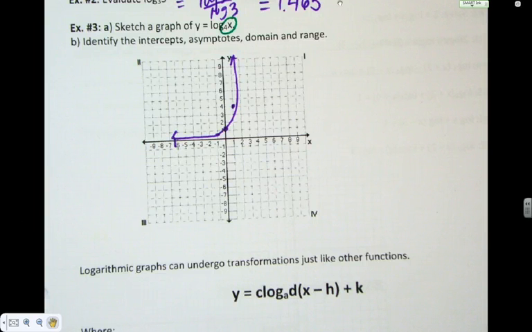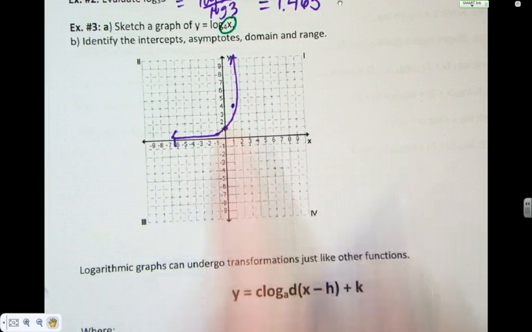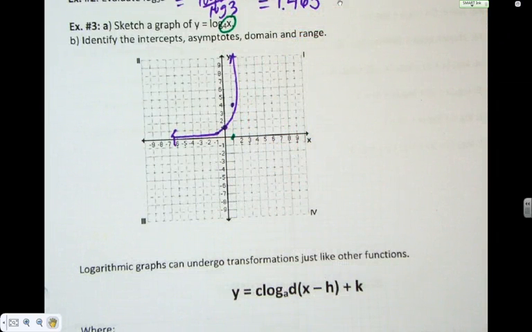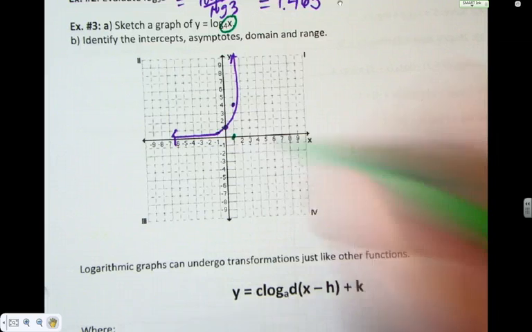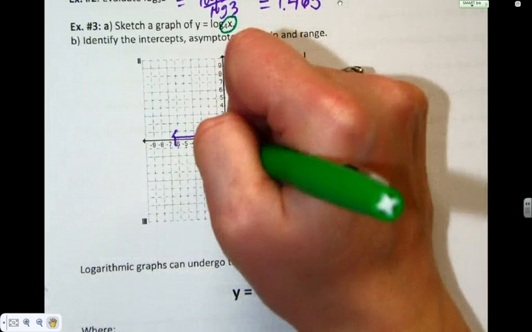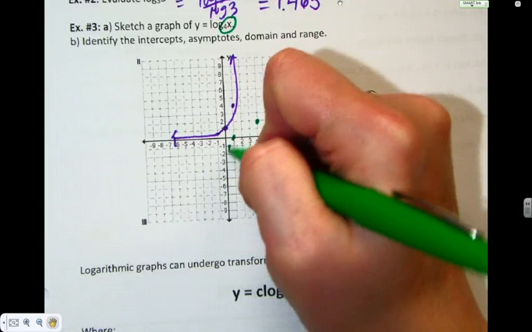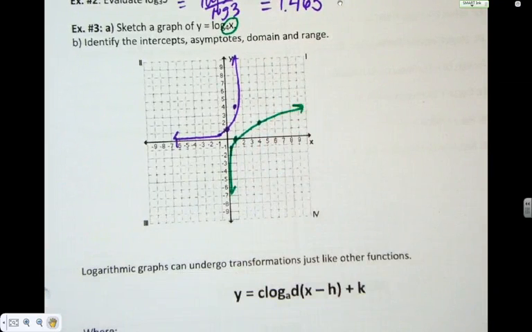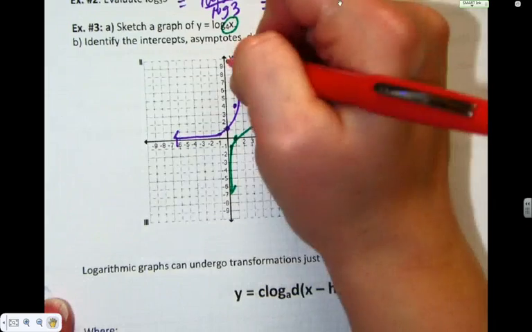Okay, so going to the log graph, (0, 1) is going to become (1, 0). (2, 16) and (1, 4) follow the same flip. Negative 1, a quarter. Okay, so we know it's going to approach the y-axis and swoop to the right. And where would that asymptote be? Kind of?